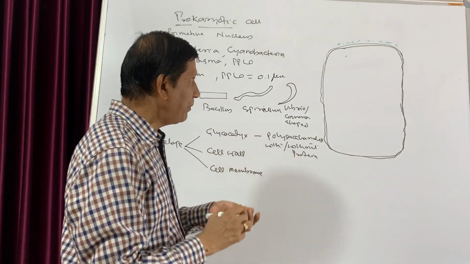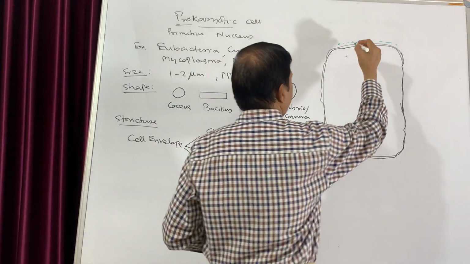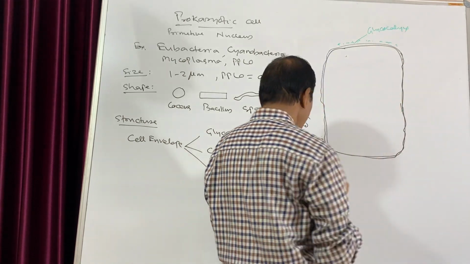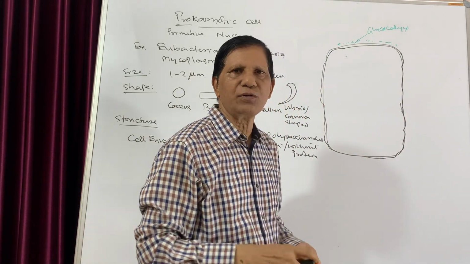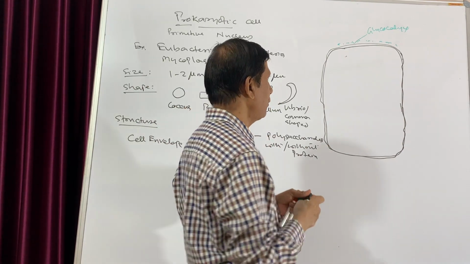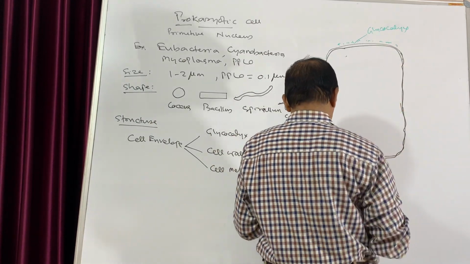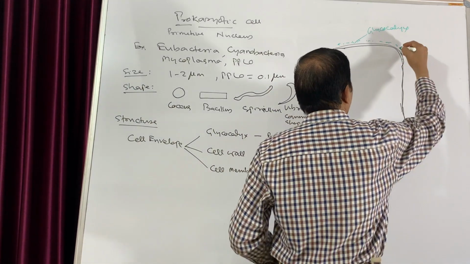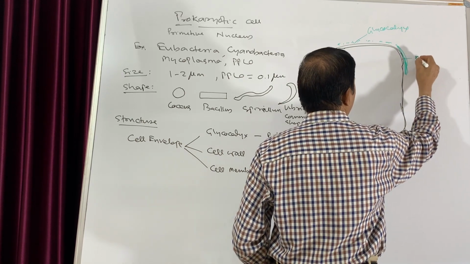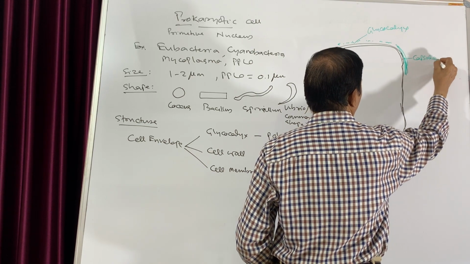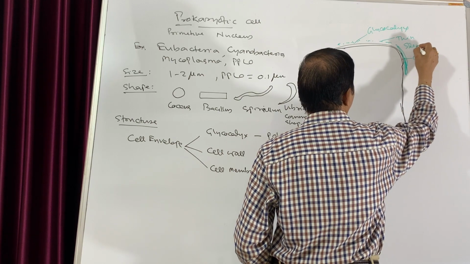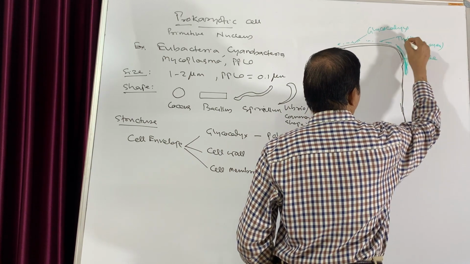And if it is very loosely arranged, this is the glycocalyx. If it is loosely arranged, then it is known as a slime layer. But if it is very rigid and thick, it is known as a capsule. Suppose it is thick, then it is known as a capsule. And if it is thin, then it is known as a slime layer.